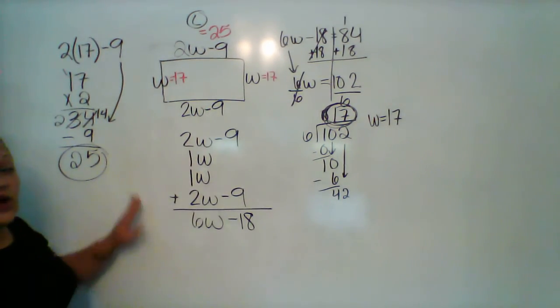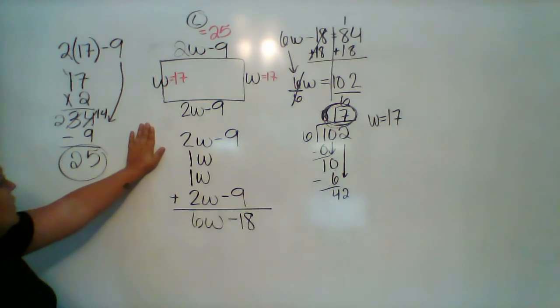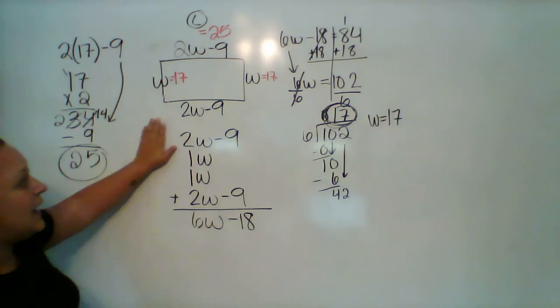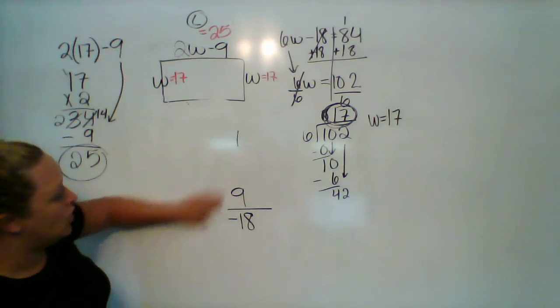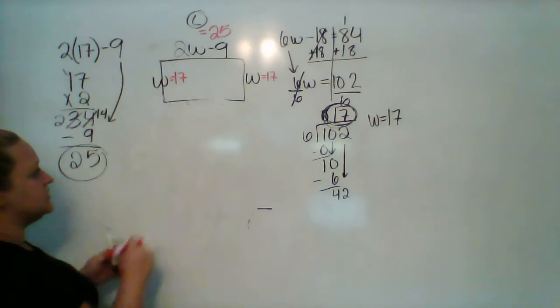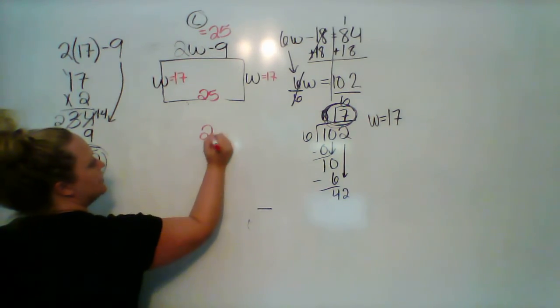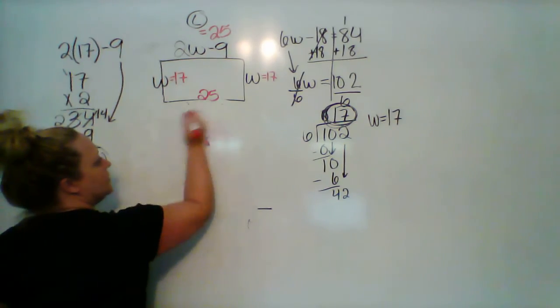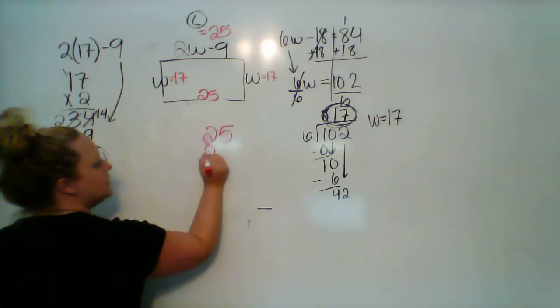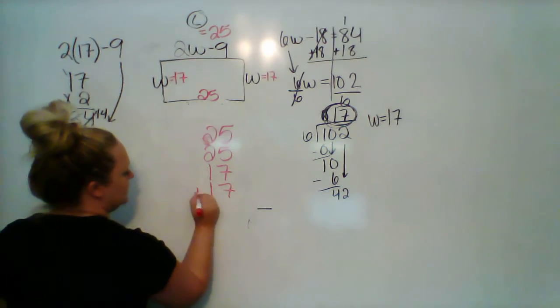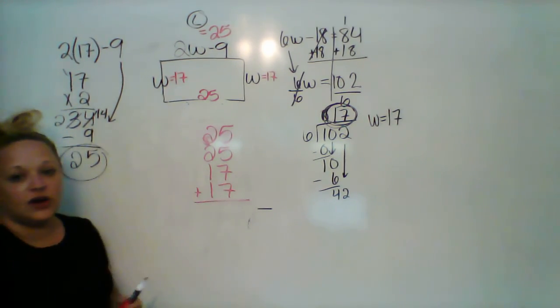Okay? If I want to check my work, I can use my head. It said that the whole perimeter equaled 84. Okay? So that means the whole thing equaled 84. So let's try it. If this is 25, this is 25. So I have 25 plus 25 plus 17 plus 17. Some of you, again, are going to want to reach for a calculator.